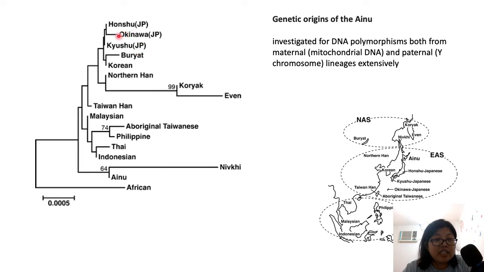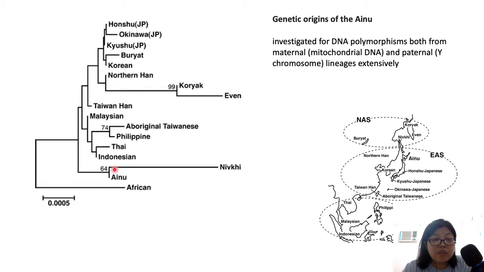As you can see here, the yellow Asians clustered in one clade, and the brown Asians clustered in one clade, and the Ainu and Nivkhi are a different clade. So the Ainu people are not related to the yellow or the brown Asians, but to the Nivkhi people.